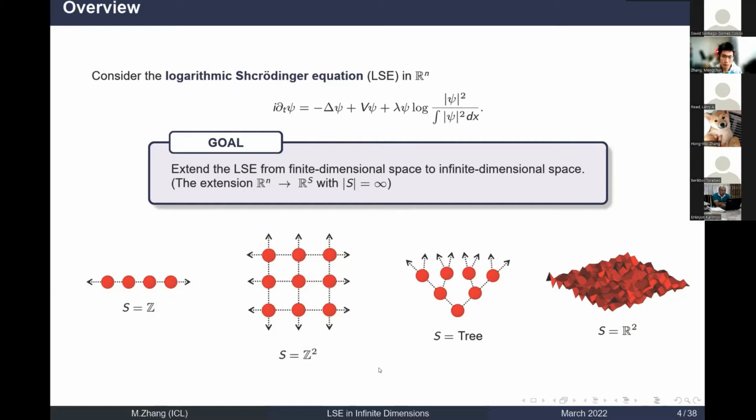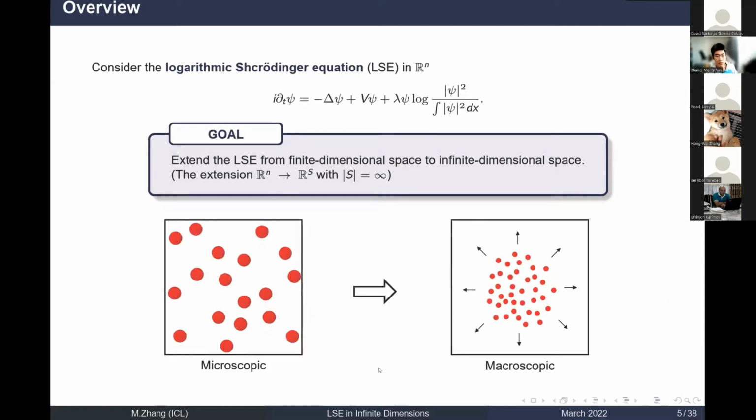But before we introduce the mathematics, one may ask why we're doing this. Is there any physical significance of extending from finite dimensions to infinite dimensions? Well, the answer is yes, because if we consider R^n, then we're still in the microscopic system. This means if one wants to study a large system, I mean large in the thermodynamic sense, then obviously one needs to pass to the thermodynamic limit.